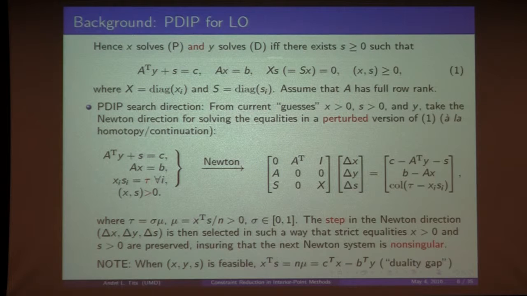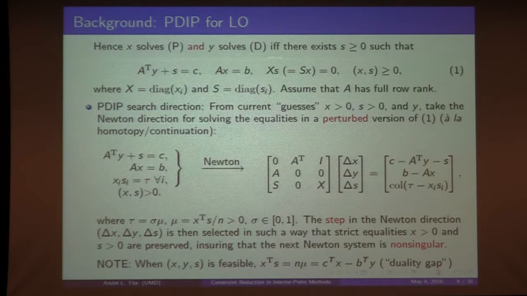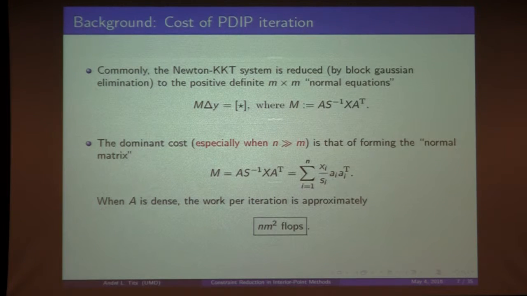So m is the number of variables of the dual here, and n is usually larger. So this is the dominant cost.